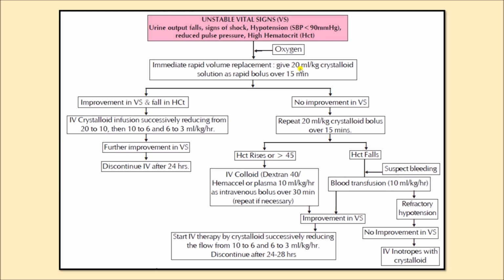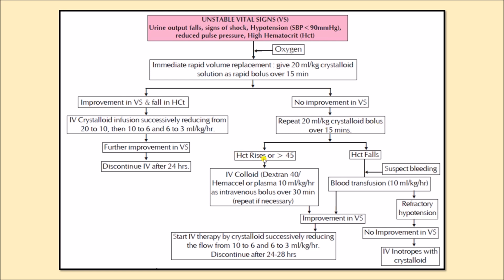So we start with 20. Upon improvement, we reduce from 20 to 10, from 10 to 6, from 6 to 3, and then discontinue it after 24 hours. If there is no improvement, then we have to repeat the bolus dose over next 15 minutes. So we do the same thing here. We repeat 20 ml per kg crystalloid bolus over next 15 minutes.